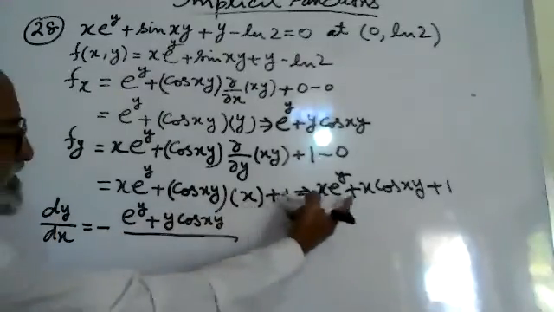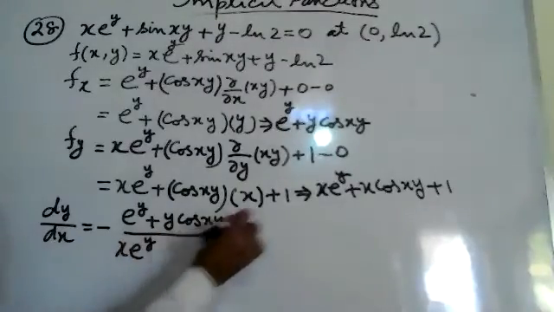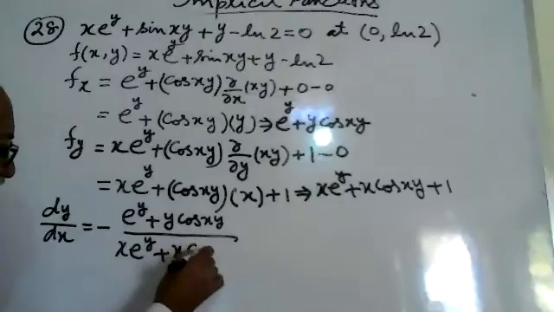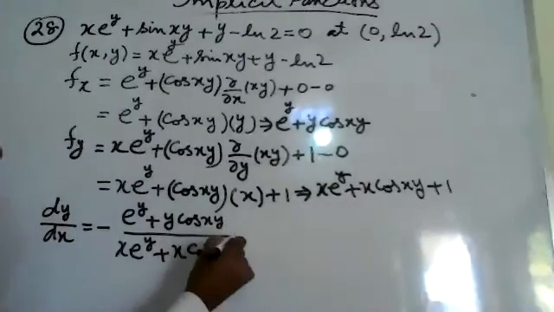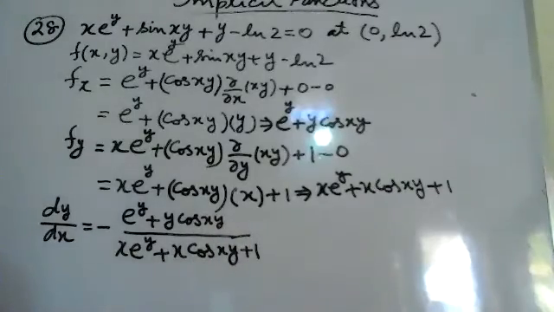F of y is x e raised to power y plus x cos xy plus 1. So this is dy upon dx.